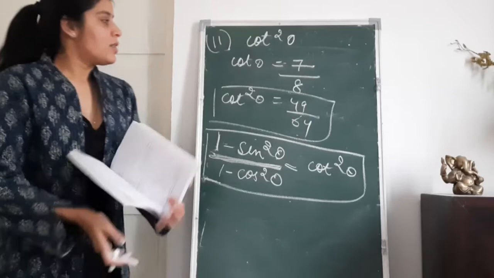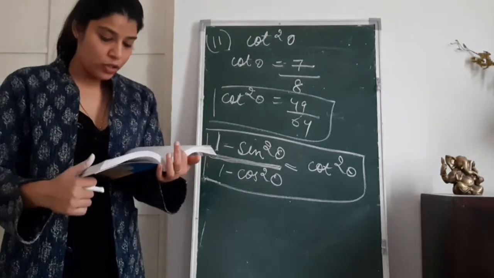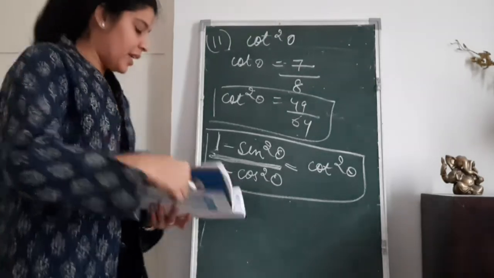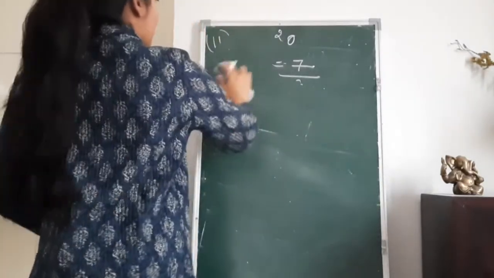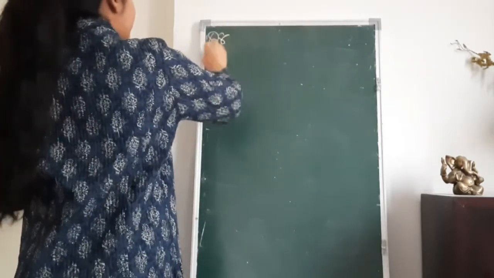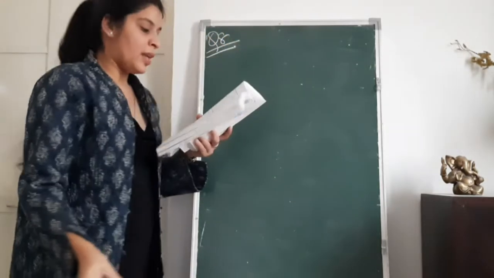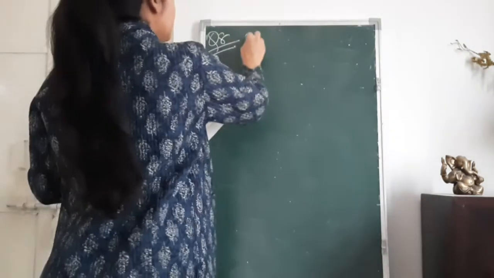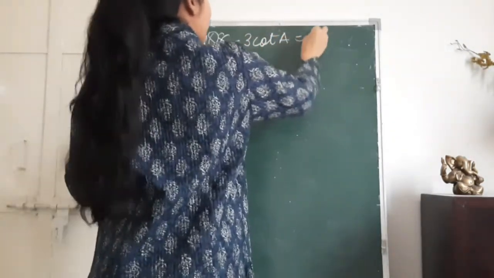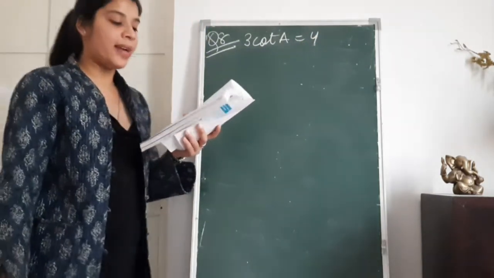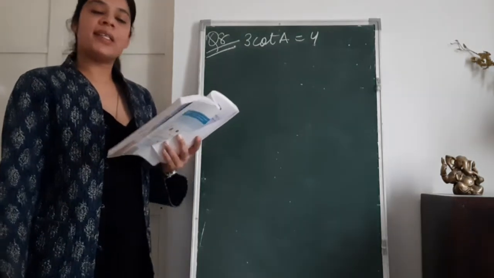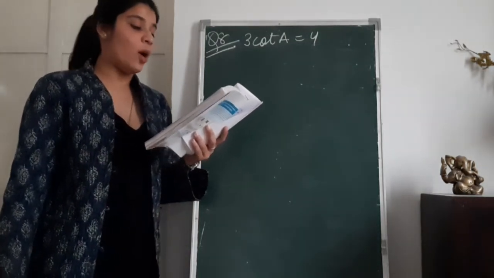Okay? So with this, I will move on to our next question, question number 8. If 3 cot A is equal to 4, check whether 1 minus tan square A upon 1 plus tan square A is equal to cos square A minus sin square A or not.